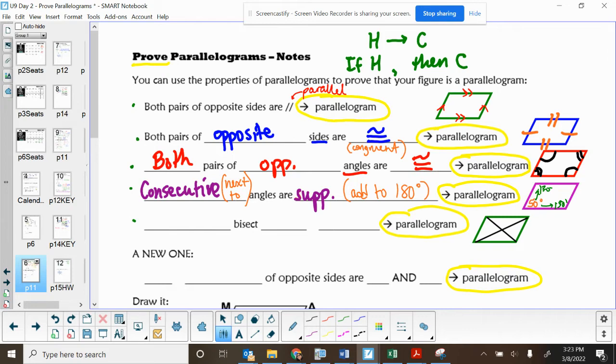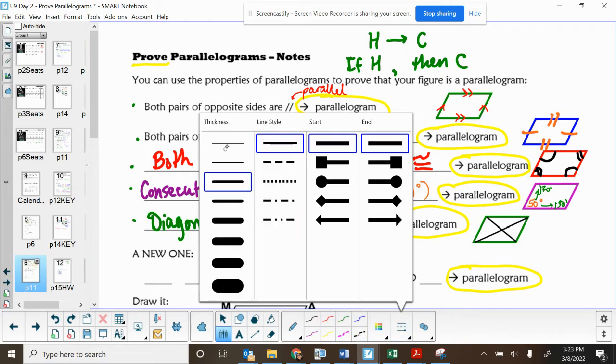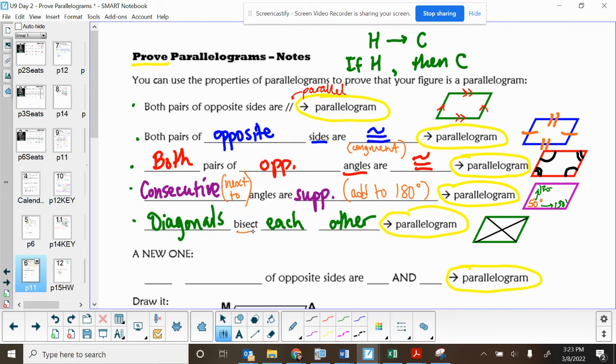And then finally, for this last one, we have that diagonals bisect each other. And we can remember that bisect means to cut into 2 congruent parts.